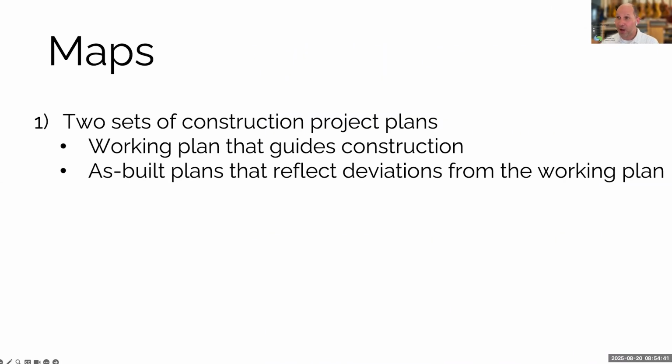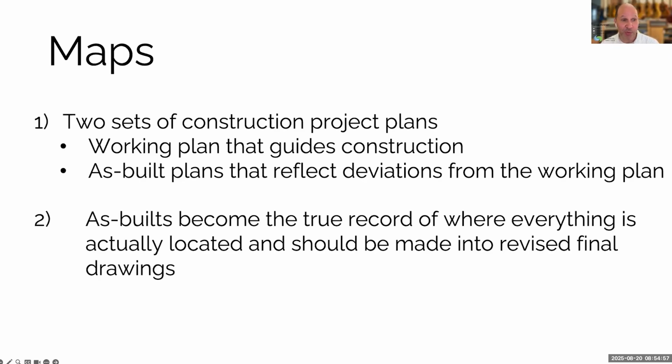If you're going to be working on a project and you're reviewing the design of something that's been installed, make sure that you're looking at the right one so that you're not focusing on something that may not have actually been constructed. The as-builts are the true record, at least they're supposed to be, of where everything is actually located.